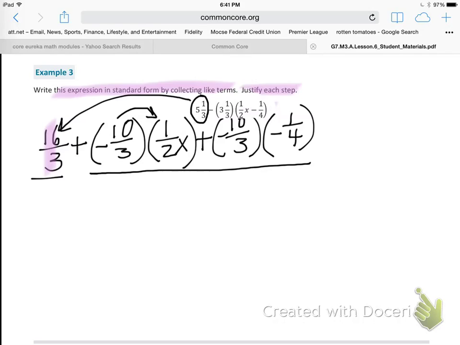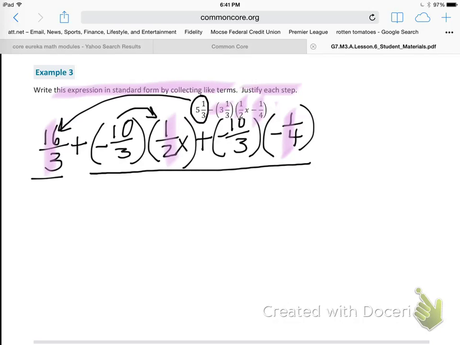And I took minus 3 and 1/3, which is the same as plus negative 10/3. That is going to be multiplied by 1/2 x, which is right here, and it's also going to be multiplied by negative 1/4, which is here.